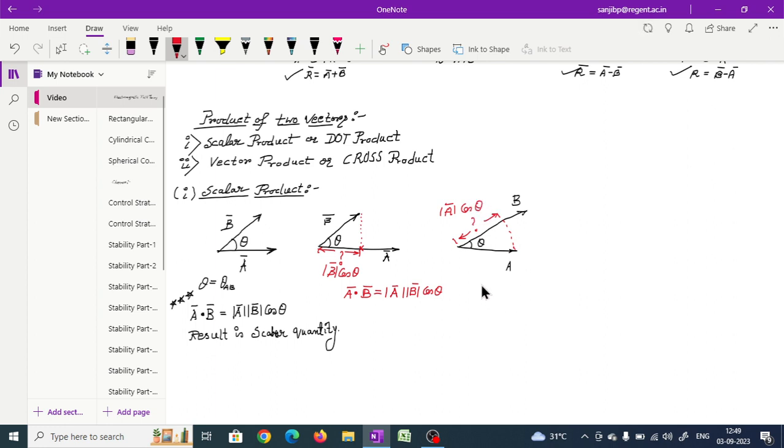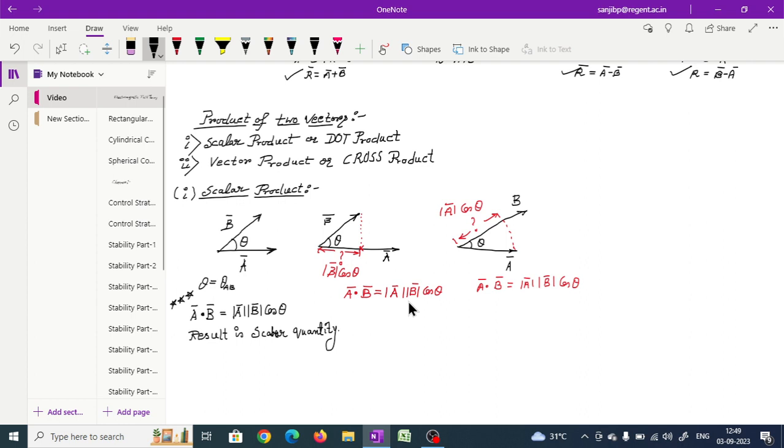Now in the same way you can write A dot B as before, that will be mod of A mod of B cos theta. So in both cases you get the same result, and the expression is A dot B equals A B cos theta. If we do not mention mod A mod B every time, it is not required, A B cos theta will be the formula.